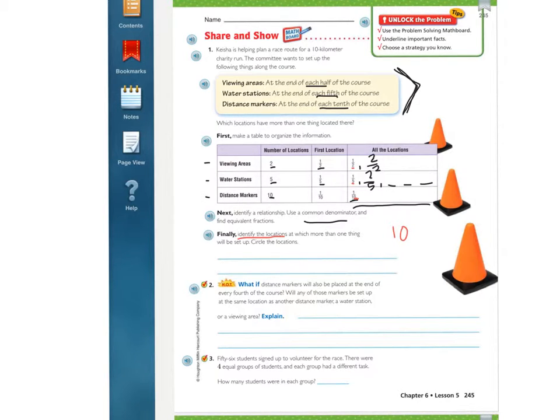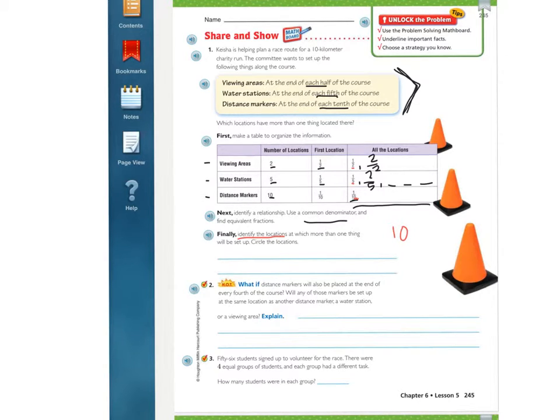If you find equivalent fractions in the viewing areas and water stations, they have a common location, or water stations and distance markers have equivalent fractions, that would be a common location. Or if all three have equivalent fractions, that would be a location where there's more than one thing. Okay? Now let's move on to the hot question.